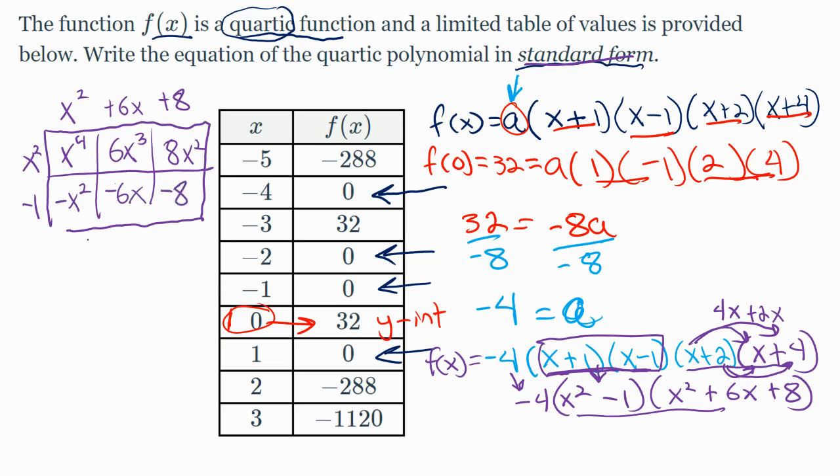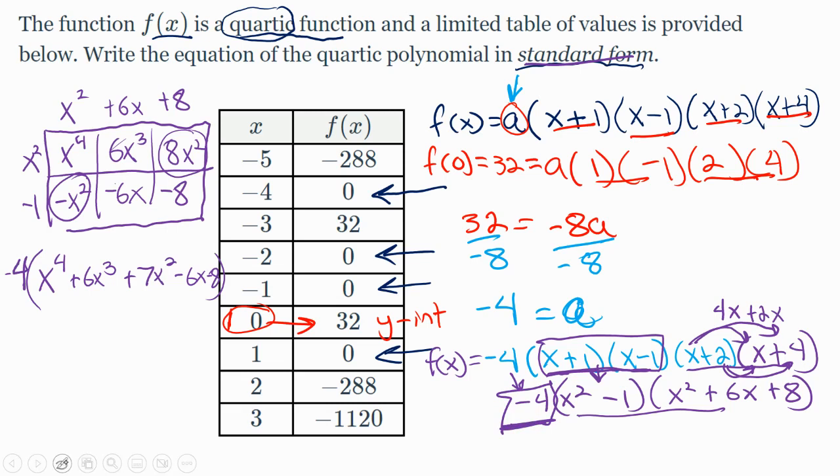Combining my like terms, be careful because the diagonals are not like terms. I've got to pay more attention than that. I've got x to the 4th, and then 6x to the 3rd. And then this negative x squared and this 8x squared are going to make a plus 7x squared minus 6x minus 8. So the only thing to finish is I've got to remember that negative 4 is still sitting out in front over there. So I've got to bring it back over here in parentheses.